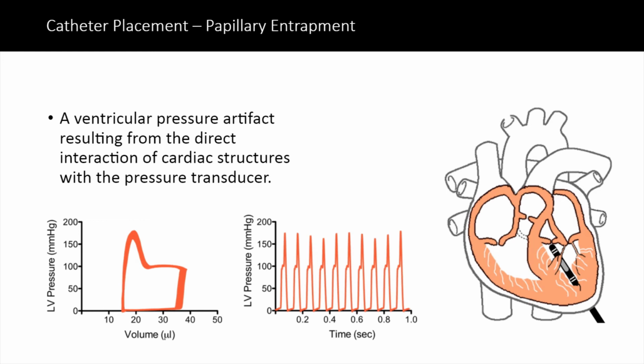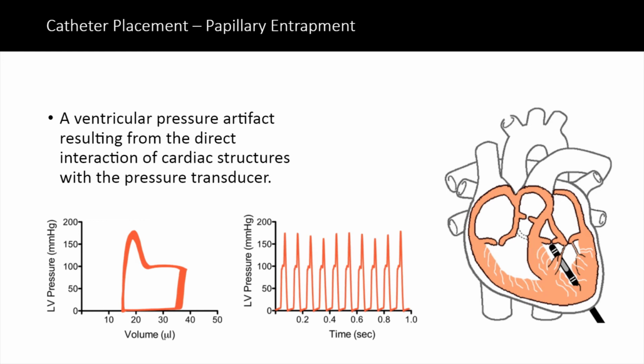Then it gets really challenging to deal with the end-systolic pressure volume relationship, because as you decrease preload, this spike will go away because you're no longer compressing down on your catheter. So that makes it really challenging to deal with that measurement.